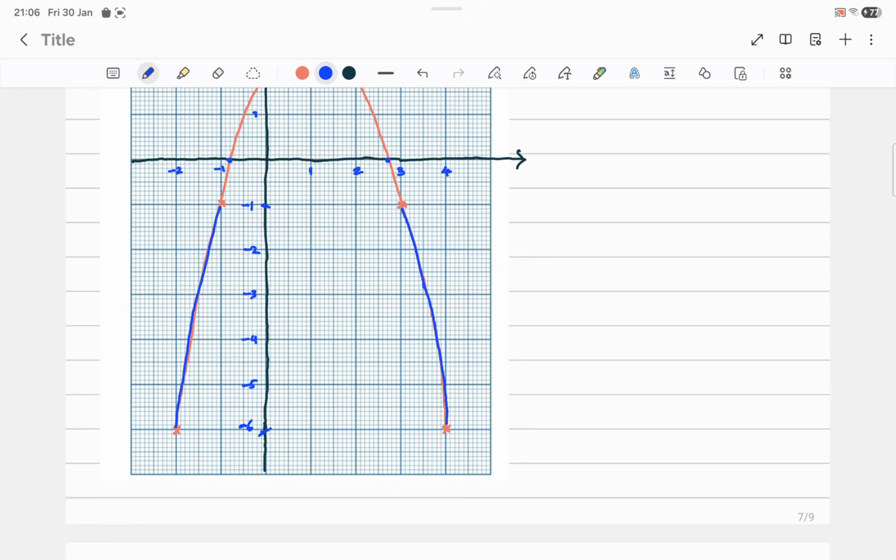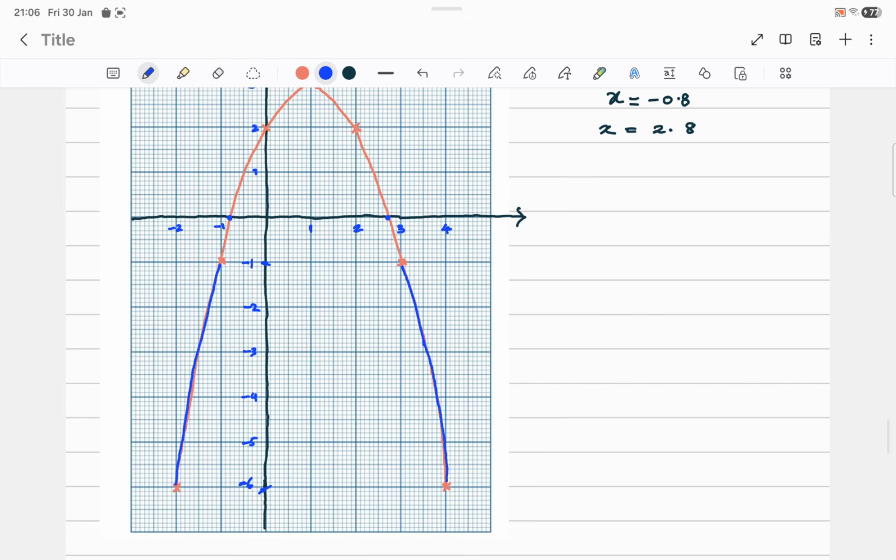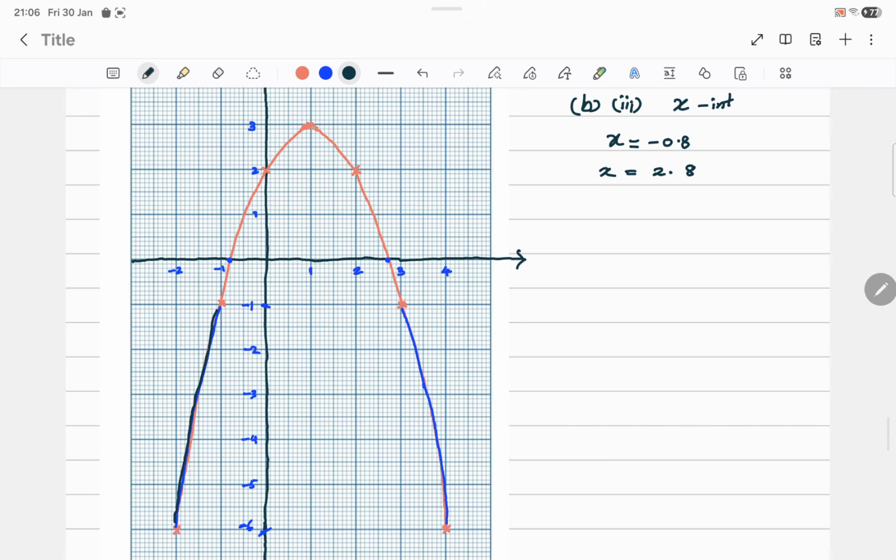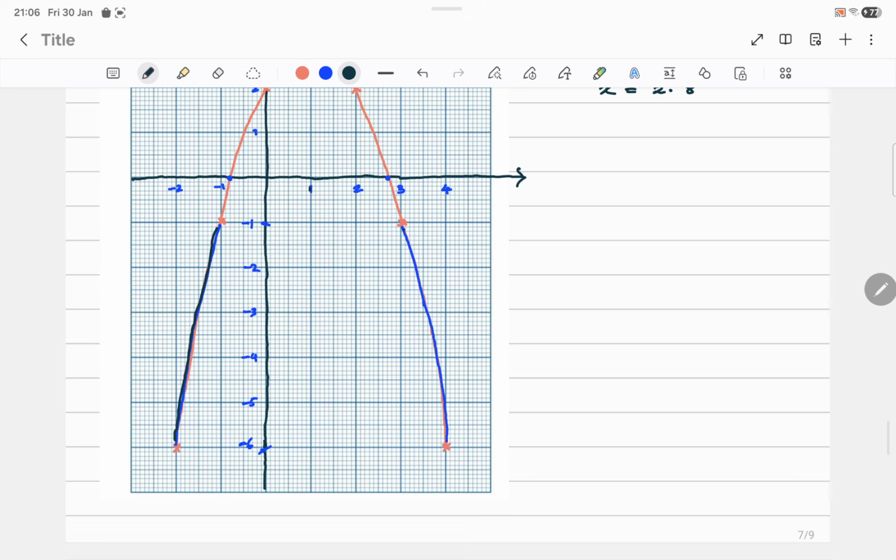So you go from left to right, no? As you move from left to right, in the first section, this section, it is increasing, no? It is increasing up to this point, x equals 1, then starts to decrease, and this part is decreasing, right? So this is the decreasing section.